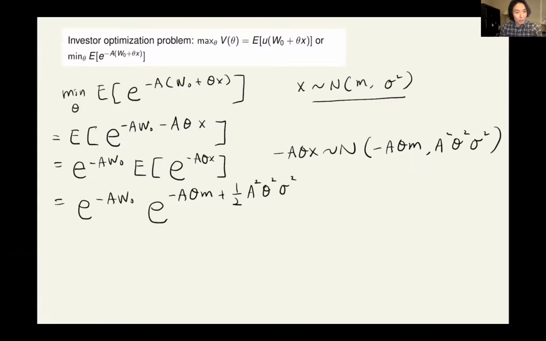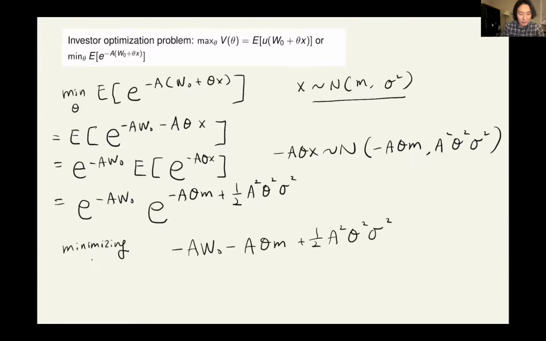That's the very important property of the log normal random variable. Okay. So basically it is the same as minimizing minus A W0 minus A theta M plus a half of A squared theta squared sigma squared over theta.